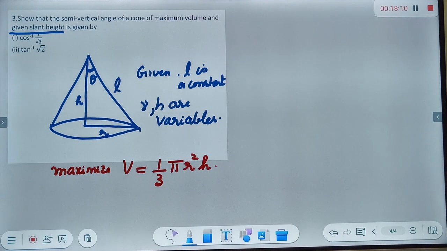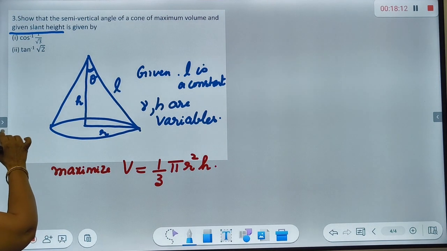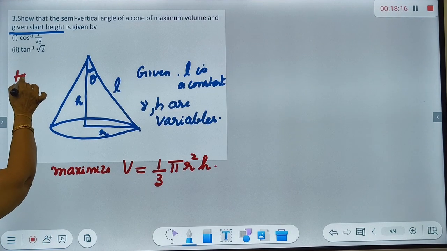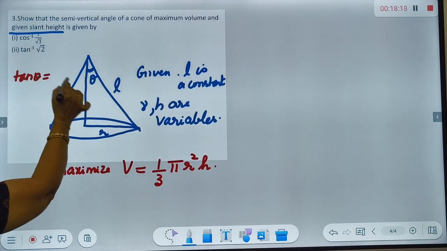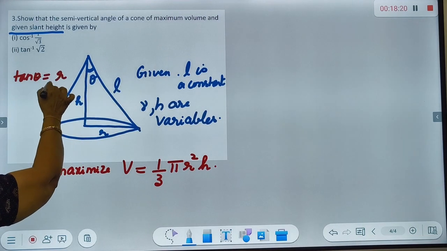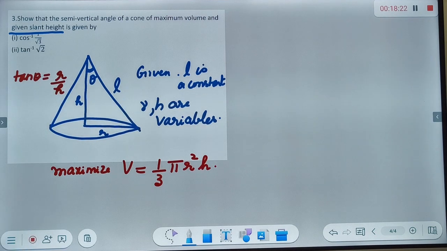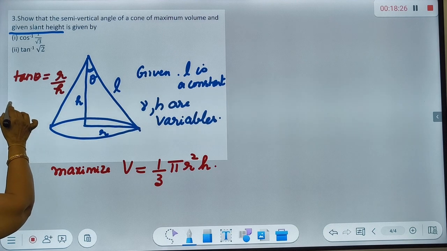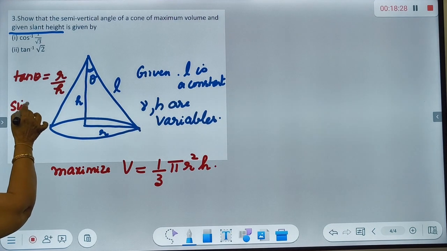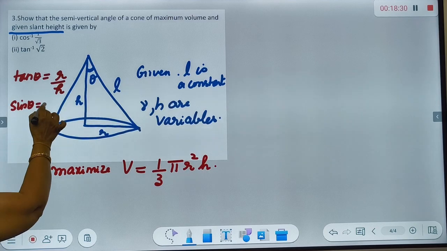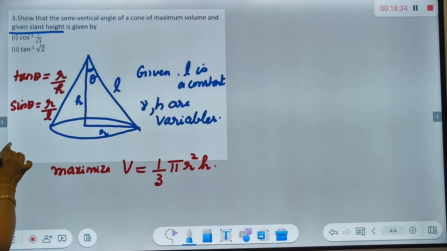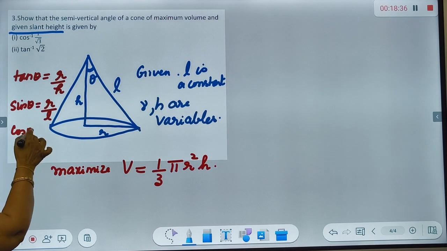Okay. Now, you know that I can write everything now in terms of theta. What is tan theta? Tan theta is R by H. And what is sin theta? Sin theta will be R by L. What will be cos theta?